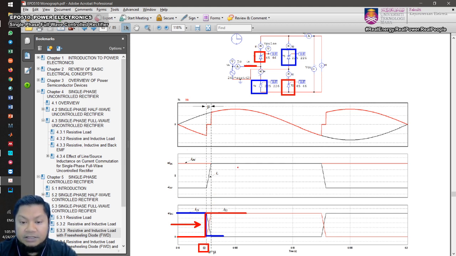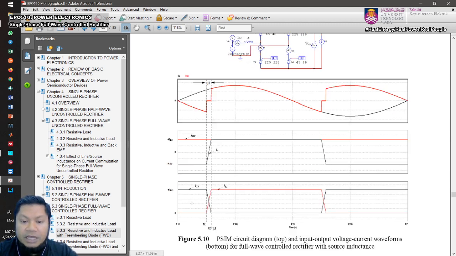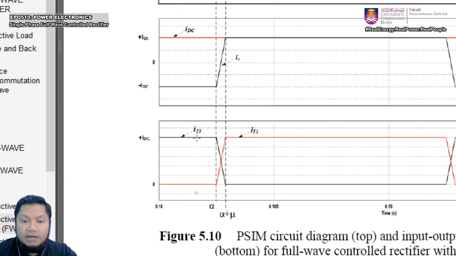There is no current overlap at all when there is no inductance. But since we have the source inductance, there will be a delay for the current to change state. For example, if you look at this IT3, if I may zoom, the current for thyristor 3 will start to reduce just after alpha at a certain rate until it goes to 0, and that also happens to the current through T1. Thyristor 1 starts to rise from 0 to the circuit current IDC, the output current.